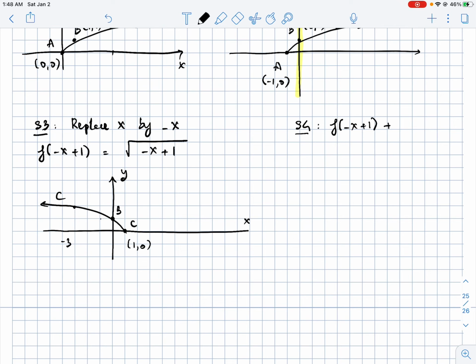And then the last step, step number 4, we have the function f of negative x plus 1, and then we add 2. We will get the answer, square root of negative x plus 1 plus 2, and the 2 is outside. It's okay, so we will move the graph 2 units up.